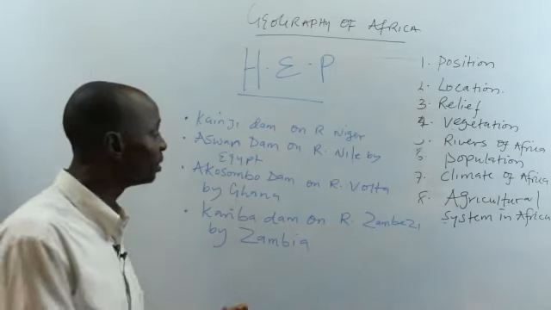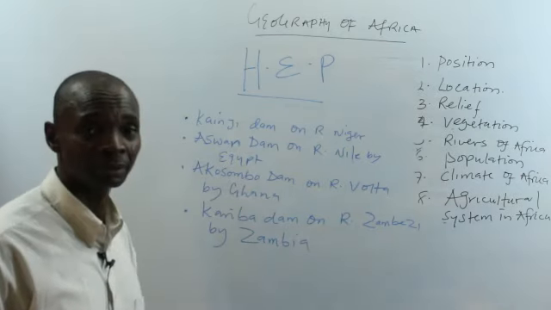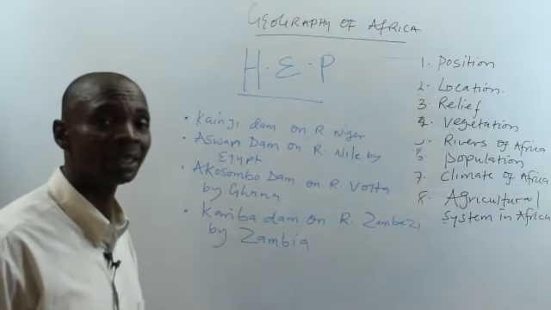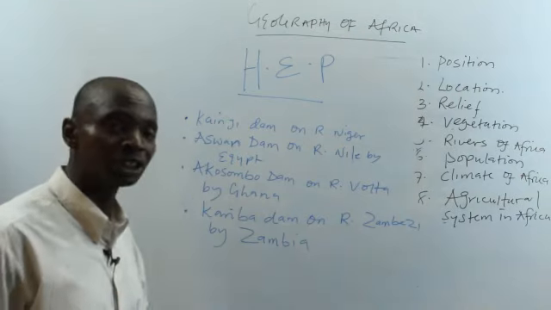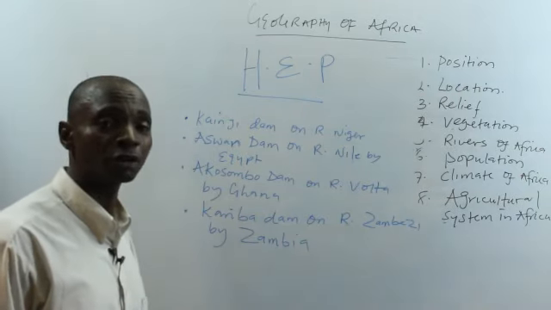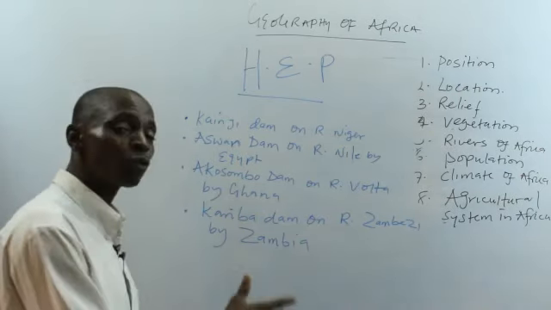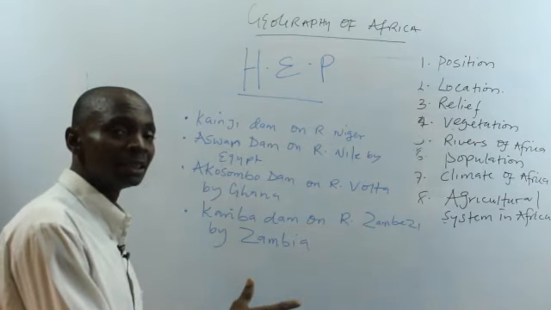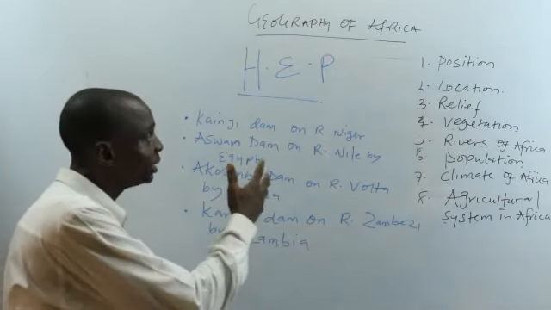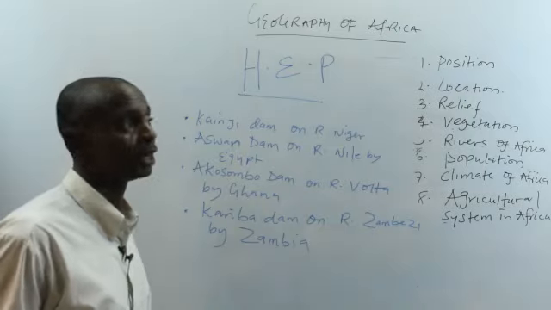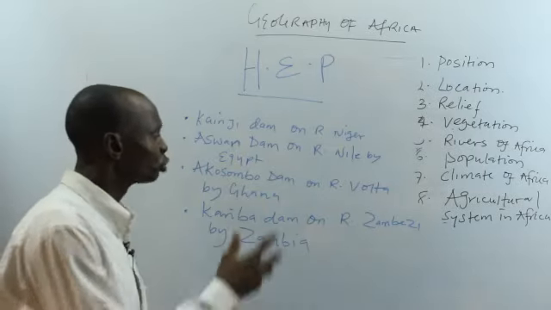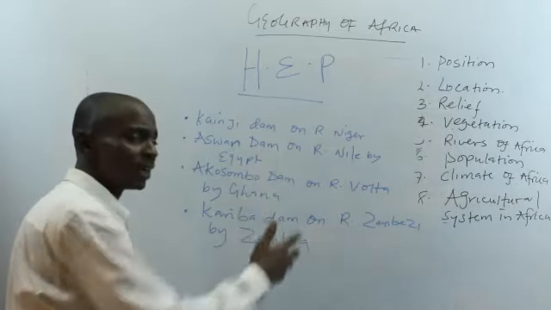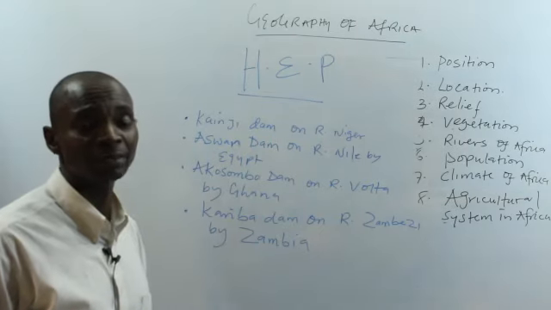Some of the rivers are seasonal. That is, during dry season, the water volume depreciates, and because of that, there is not enough water to generate hydroelectric power. Then number two, some of these rivers are short-lived.